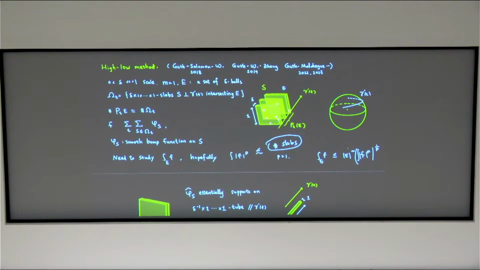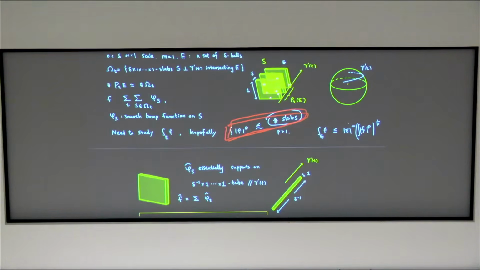So I hope I have more or less convinced you that this is some estimate we aim at. And how do we do it? I will just say quickly how this is related to restriction theory.